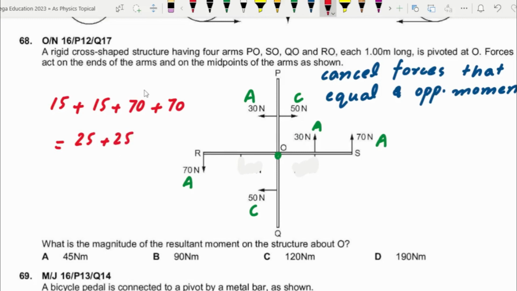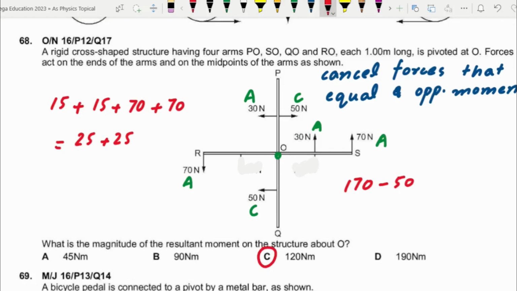So what do you get? 140 plus 30, you get 170, minus this 50, 25 plus 25, 50 would be shifting on the other side, minus 50, and you'll be left with 120 Newton meter.